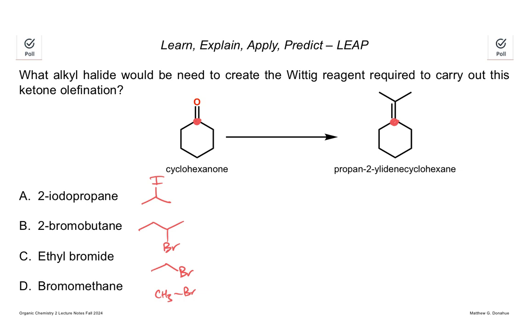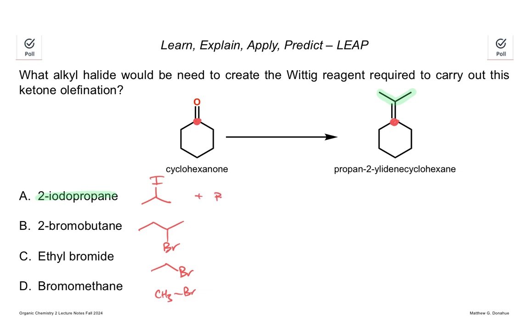So if we highlight in green these 3 carbon atoms of that alkene, that's telling us that the Wittig reagent has to have 3 carbons, and that the bond we need to form is at carbon 2 of that chain. So then we look at the choices, and we see that 2-iodopropane is going to be the correct answer.